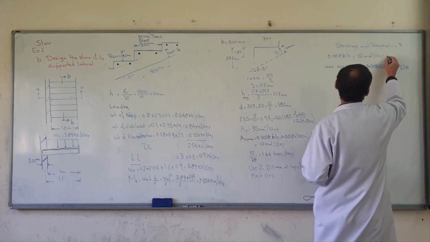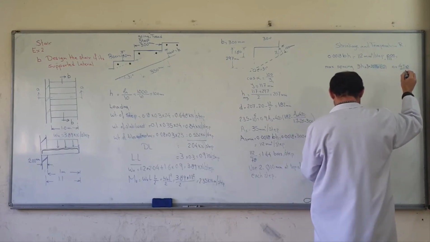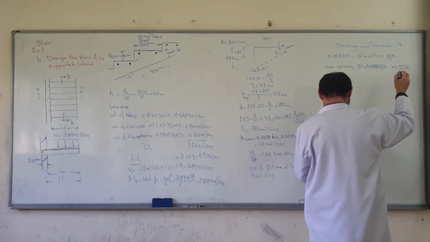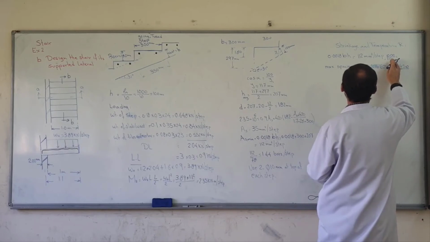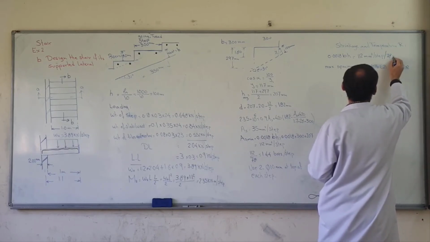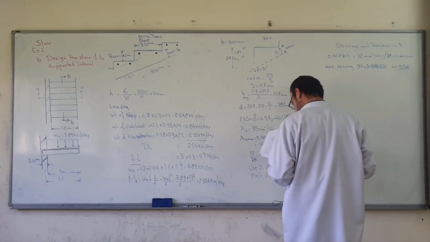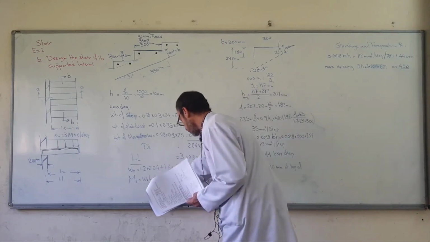Here we found 112 divided by the area of a bar. This is equal to 1.44 bars.